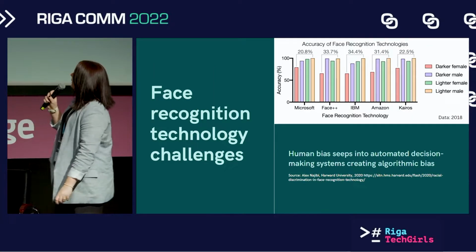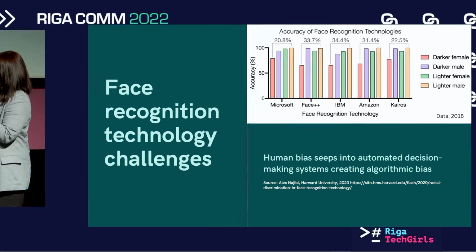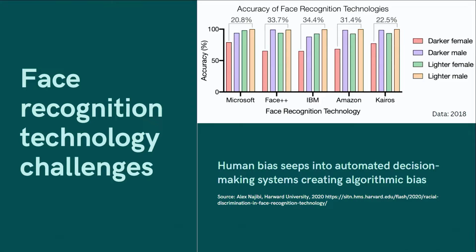Here's a bit of data as well. If you look up here, this is the difference between darker females and lighter females, and how they are getting recognized compared to their lighter male counterparts. Interestingly, for lighter males there's no problem identifying their faces, but when it comes to women, and especially darker women, there's a different experience.